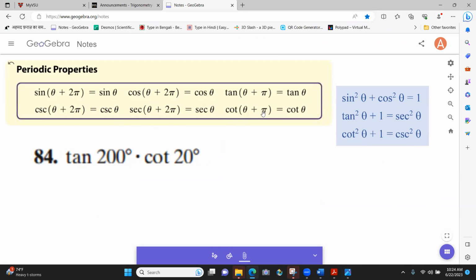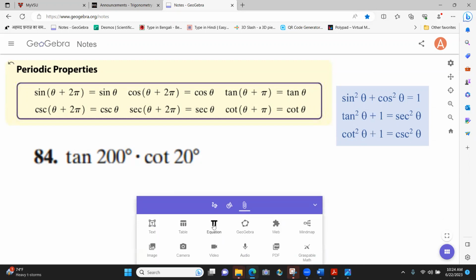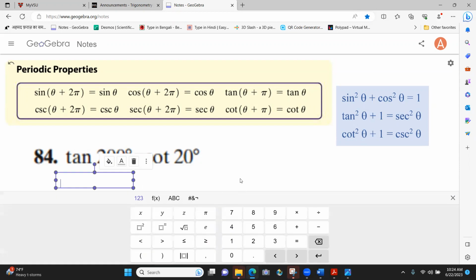Pi is 180, and that simply means instead of 200, you can write 200 minus 180. That's legit because tan values repeat after 180. So I'm going to write tan. Instead of 200, I'm going to write 180 degrees plus 20 degrees. And you're going to see why that's not a bad choice. And don't forget your cot 20.